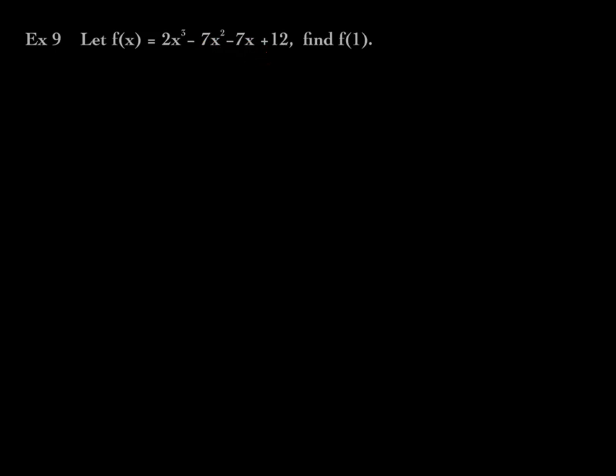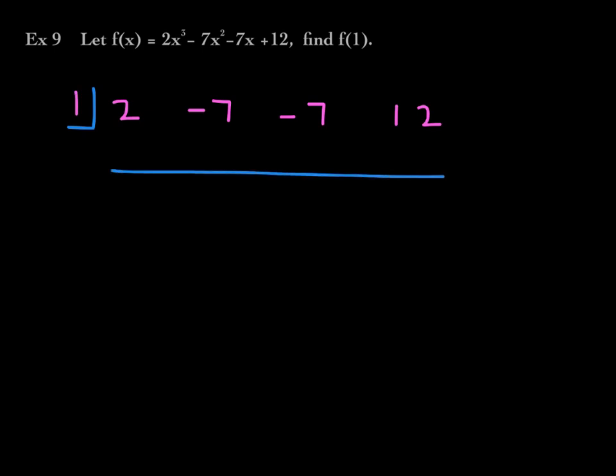So 2, negative 7, negative 7, positive 12. And my c value is 1. All right, here we go. So my answer will be right here.